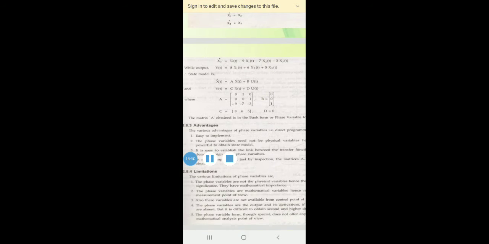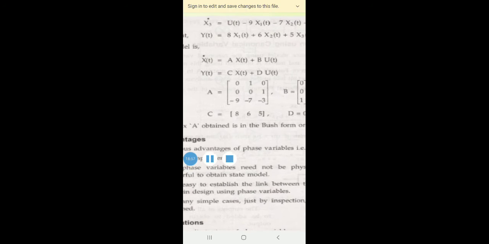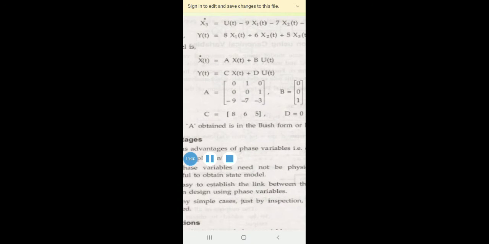What is y of t? 8x1(t) plus 6x2(t) plus 5x3(t). Similarly x3 dot has been obtained. Due to that, the state model is x dot of t equals Ax of t plus Bu of t, and we can write y of t as Cx of t plus Du of t.